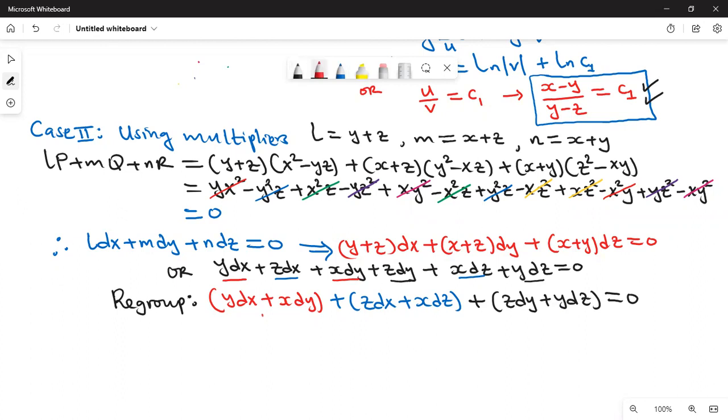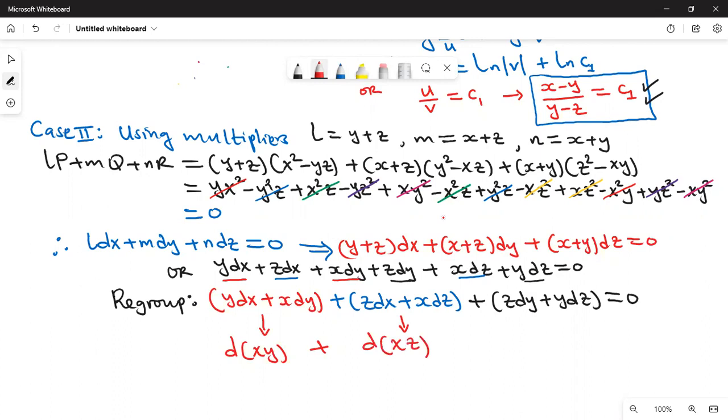So look at this one. The first term is the same as derivative of x times y. That is from product rule. When you keep y constant, differentiate x, then now keep x constant, differentiate y. Now plus, this other term is the same as derivative of x times z.